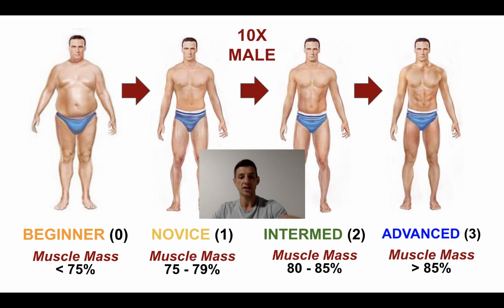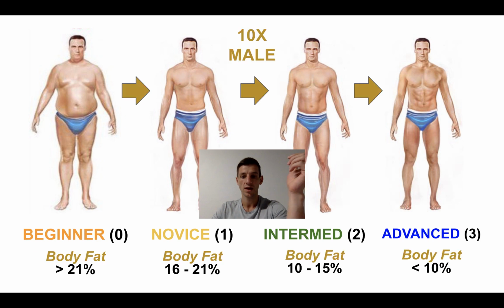And again, their muscle mass is 80 to 85. Once you get to an athletic body, you can see the difference between intermediate and advanced. It's becoming a little bit lean. How do I know this? You actually see this on my own body. And again, body fat, you go from literally more than 21% all the way to 10% or below. And this is literally how your body will transform.